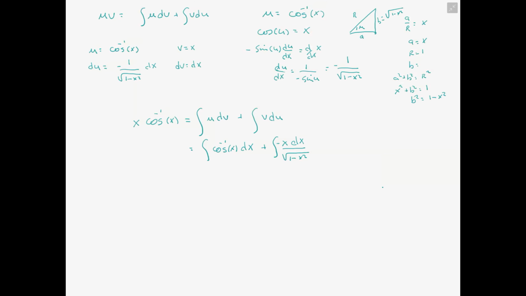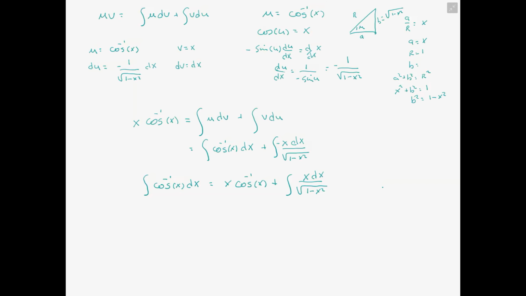So now we rearrange things and we say that the integral of the arc cosine dx is equal to x inverse cosine of x minus, but that is a minus, so that's plus, x dx over the square root of 1 minus x squared.